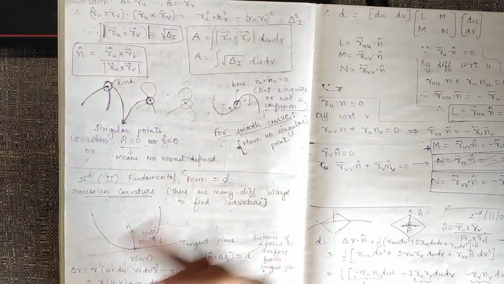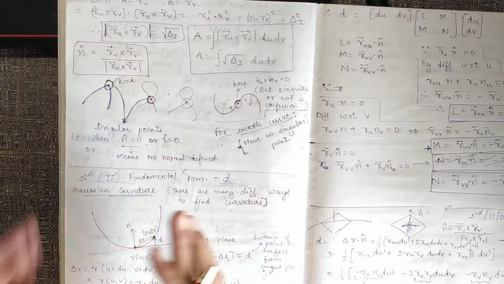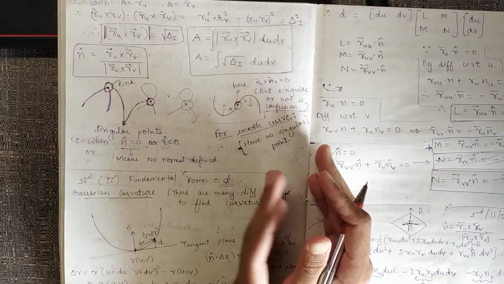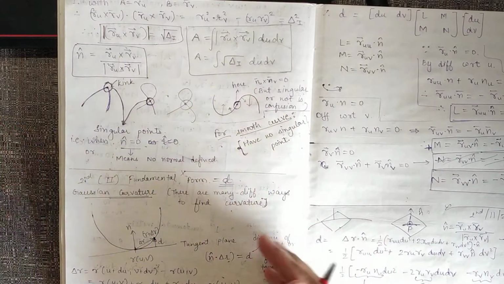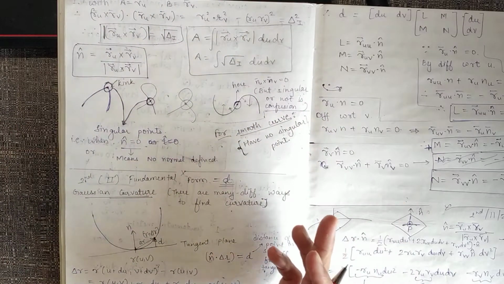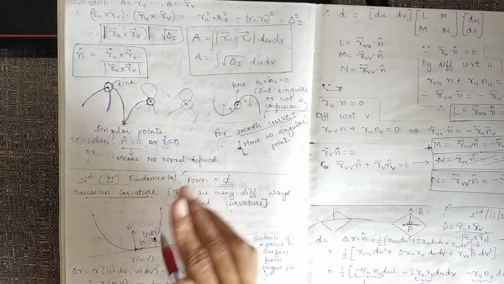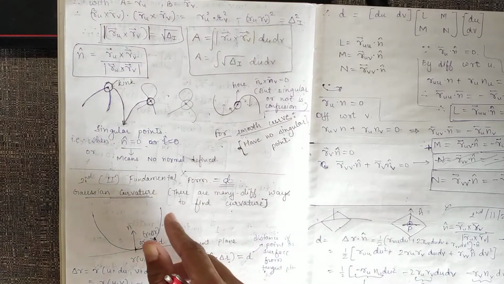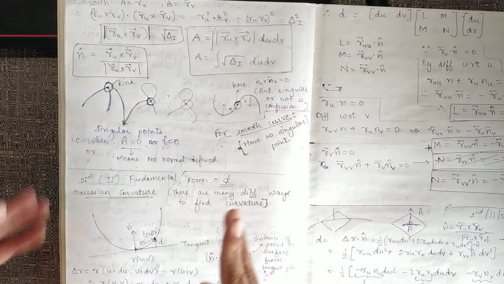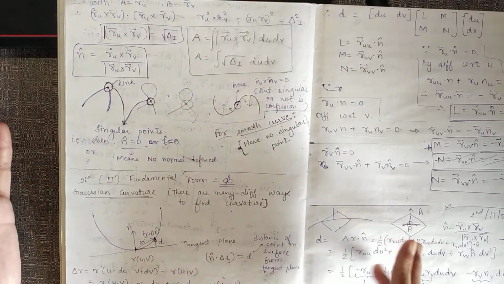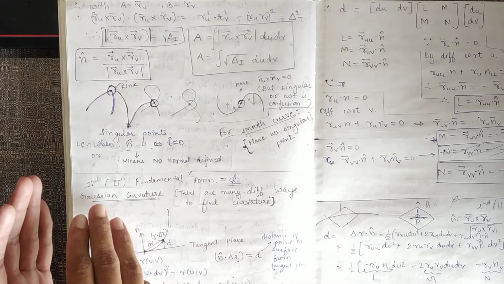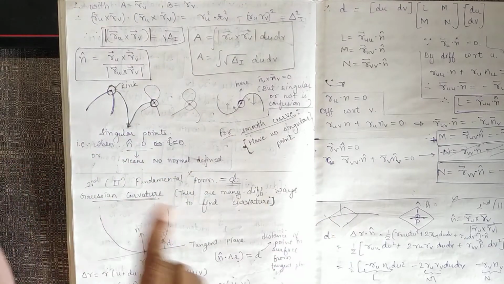So this confusion will get clear when we differentiate between a curve's normal contribution and a surface normal contribution. For a surface whose normal has been defined, there are two curvatures which are coming into the picture. One curvature comes from the curvature of the surface itself, and there is one more curvature which comes from the curvature of the arc made on the surface.